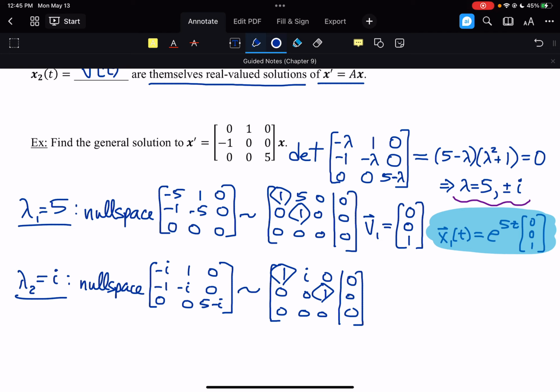So that puts it in row echelon form. So our v2 is going to be, we have a 0 in the third component. We have our free variable here, and then a negative i times the free variable here. So negative i, 1, 0.